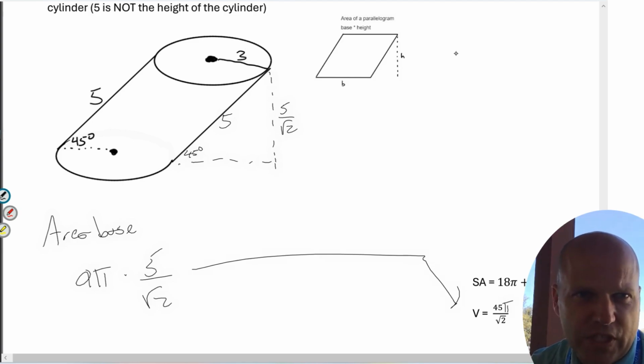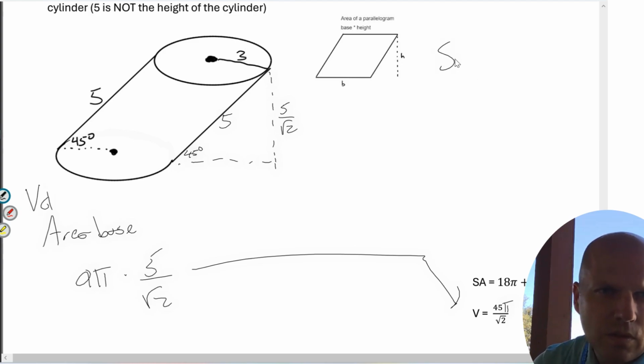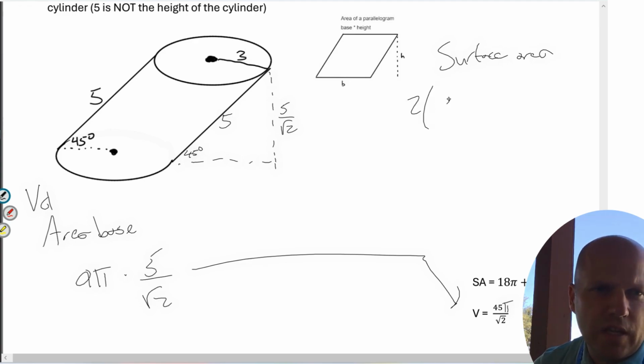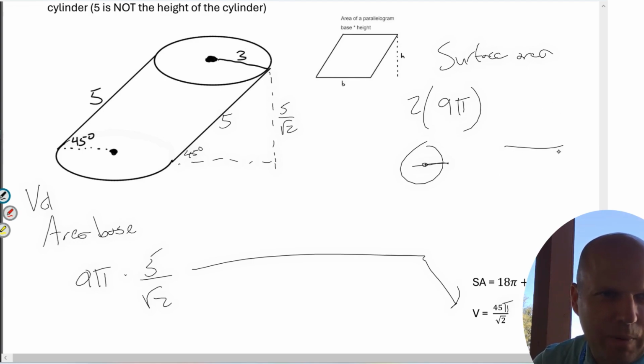Now let's look at the surface area. Surface area is 2 of the circles. And then when I roll this out, I actually get this very long parallelogram. Maybe orient it this way, where it's rolled out like this.